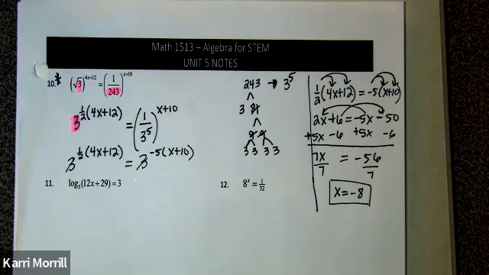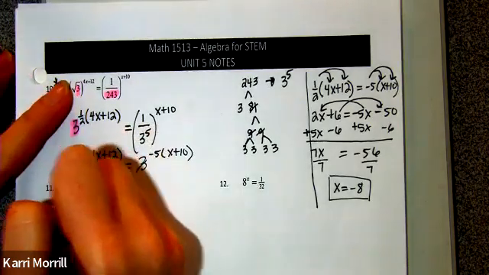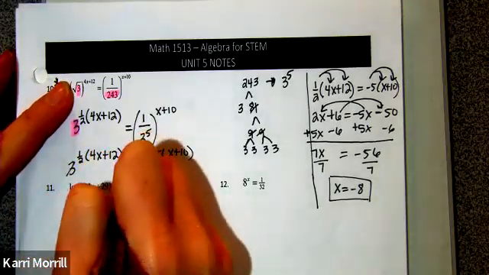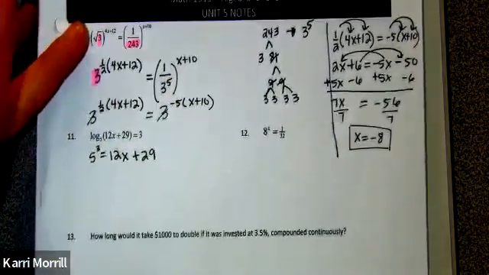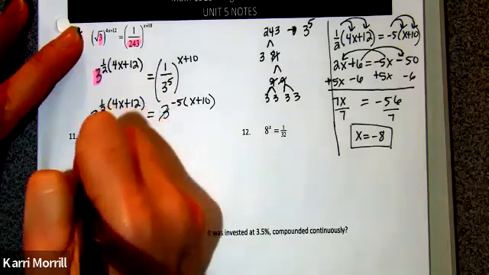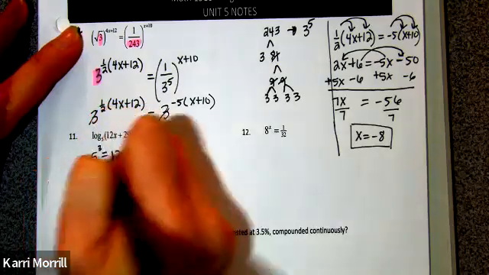Number 11. If we're solving that one, I see that I only have log 1 time. So if I put it in exponential form and then solve for x, I'll be good. So if we take 5 to the 3rd power, that's 125. You need to simplify that before you do anything.